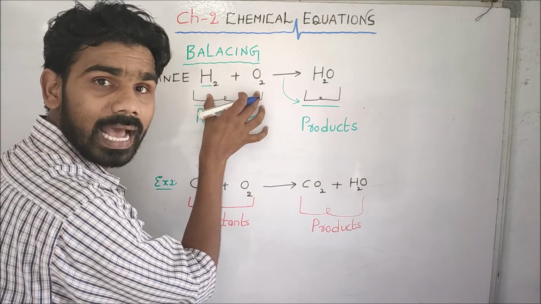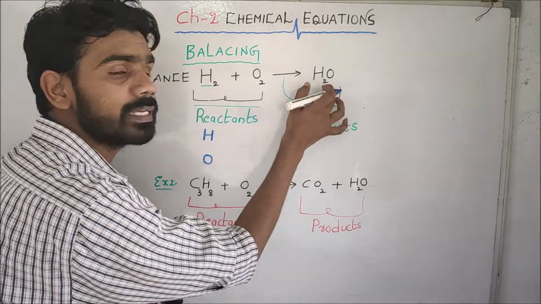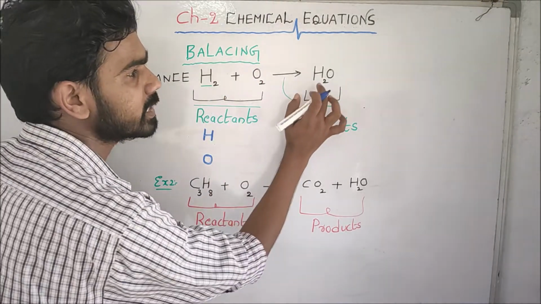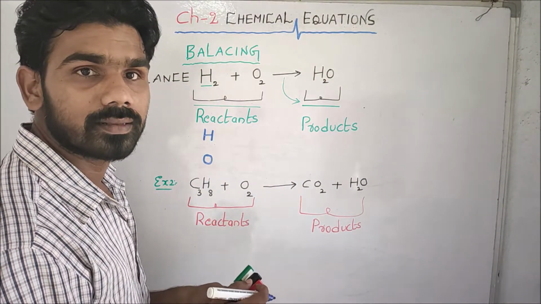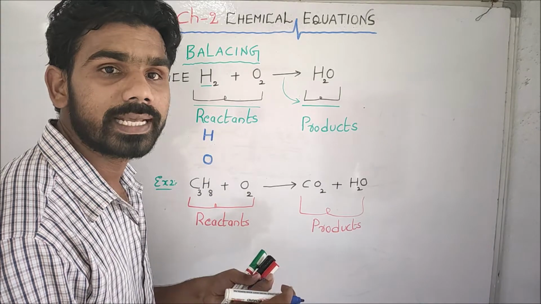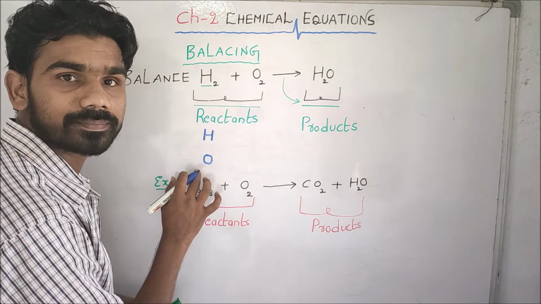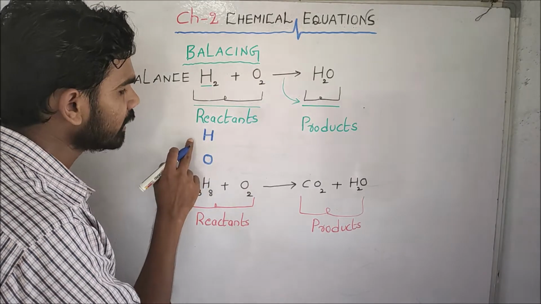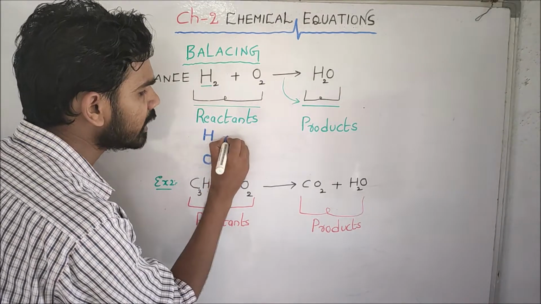And whatever atoms are present on the left hand side, the same atoms will be there on the right hand side also. You can see H2O, water, dihydrogen oxide, is prepared from which atoms? Hydrogen and oxygen.